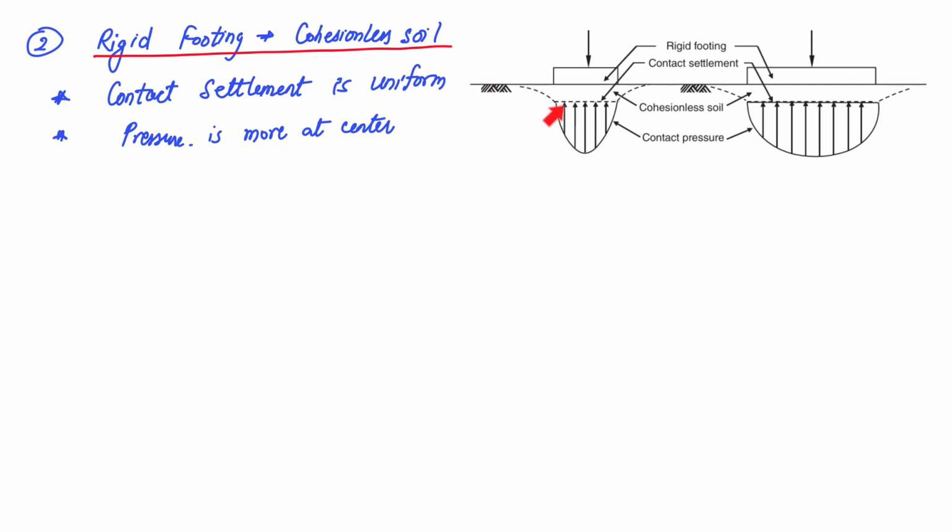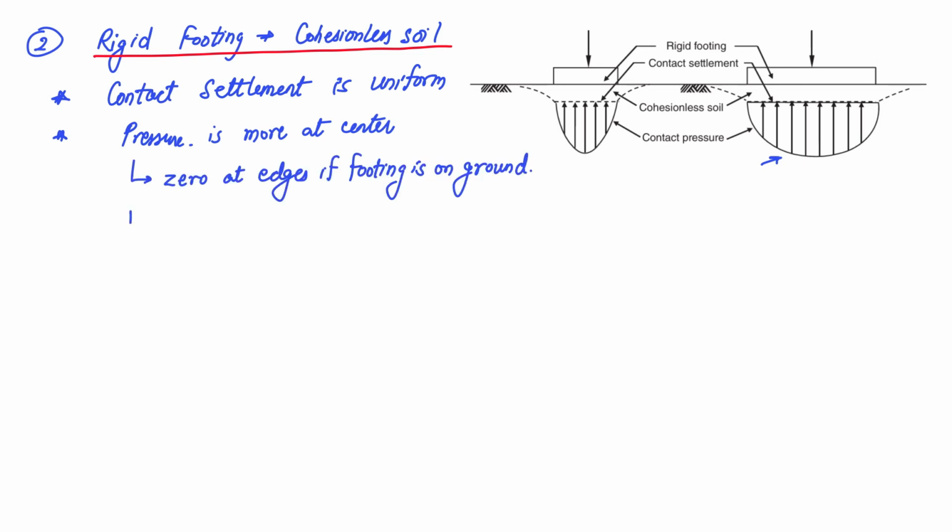If the average pressure is relatively small, or if the footing width is large, then the non-uniform pressure distribution is somewhat flatter over the central portion of the footing, that you can also see in the second diagram. So both variations of contact pressure are correct, and it depends upon the width of the footing.